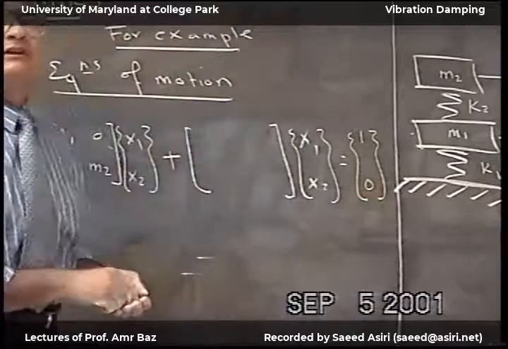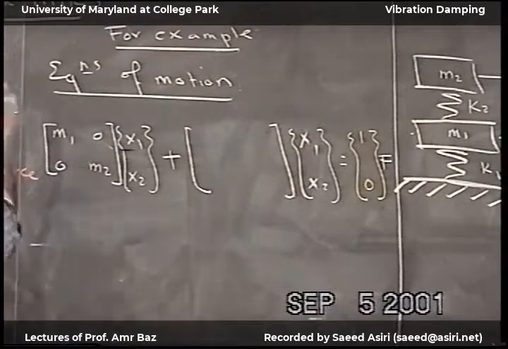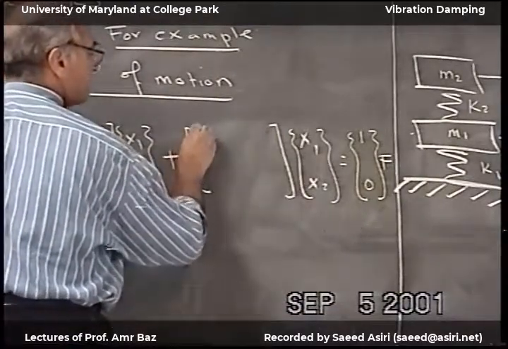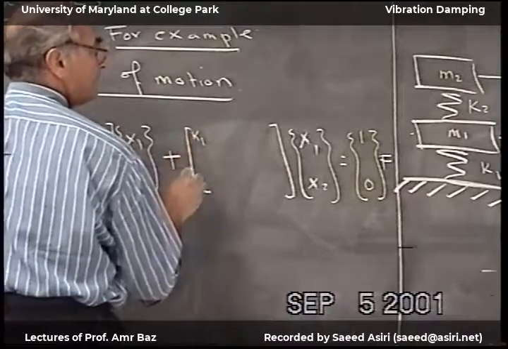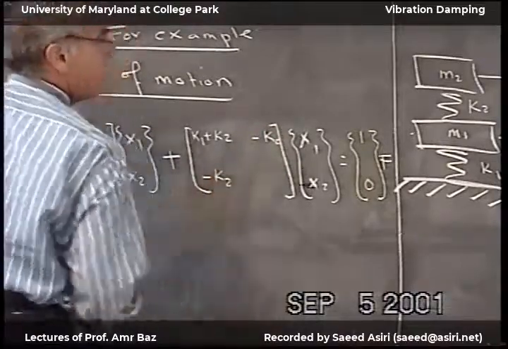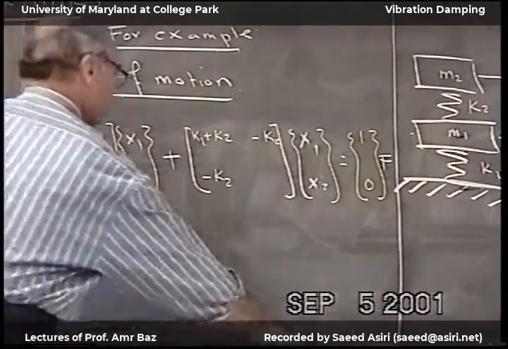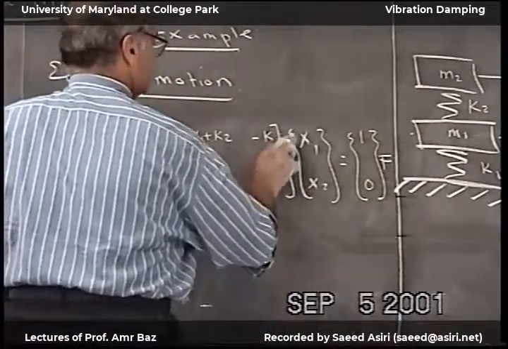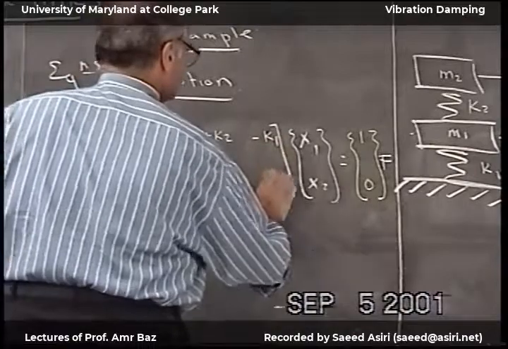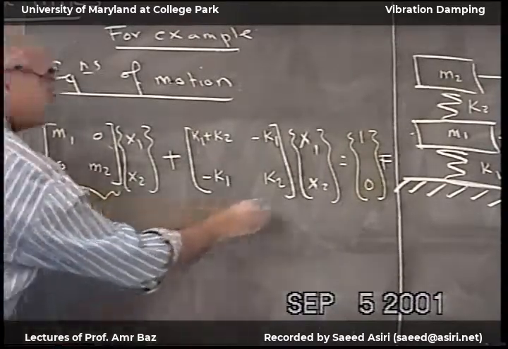It is a single force, F. And then here for the first mass, we have K1 plus K2, minus K2, and K2. This is our mass matrix.